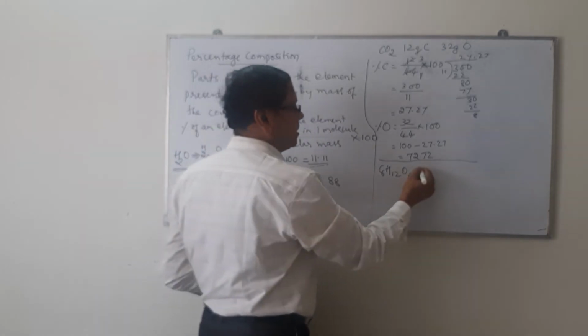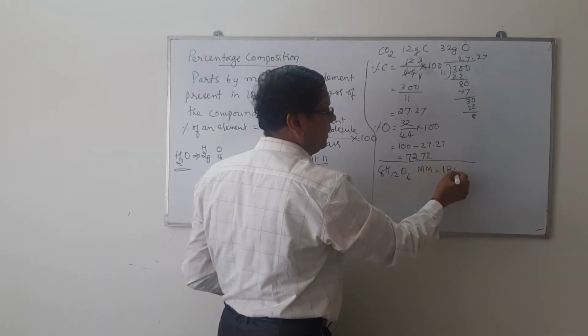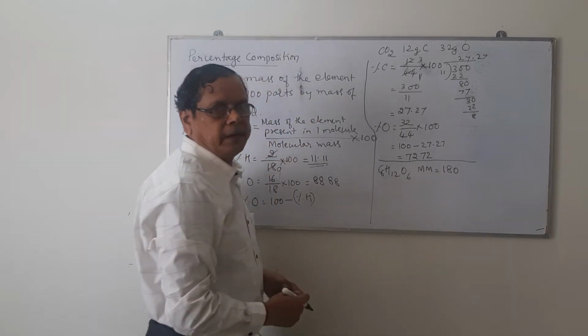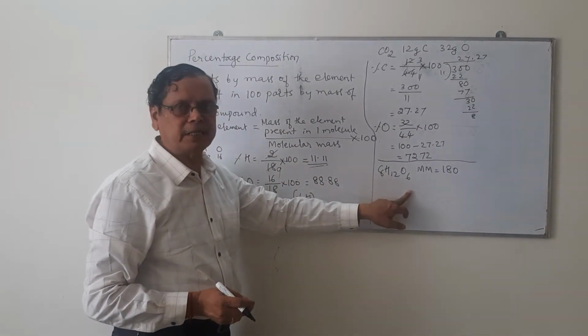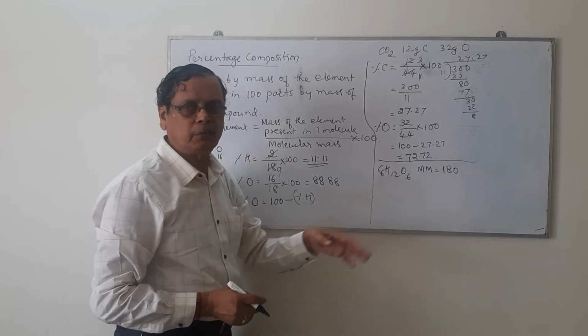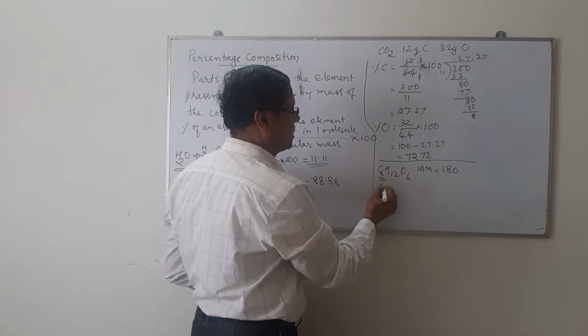The molecular mass of glucose, as we have calculated already, is 180. By taking the sum of the atomic masses of the various elements that are present, we can calculate the molecular mass. Here there are 6 carbon atoms, therefore it is 6 into 12.